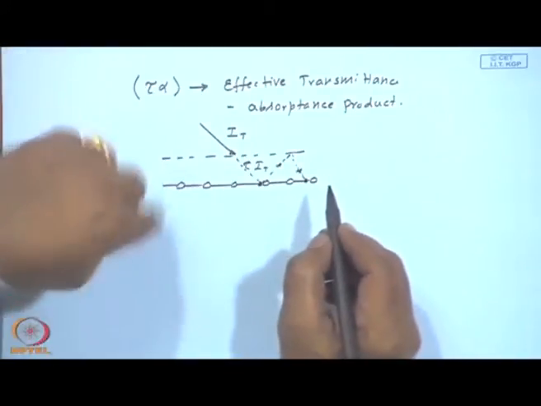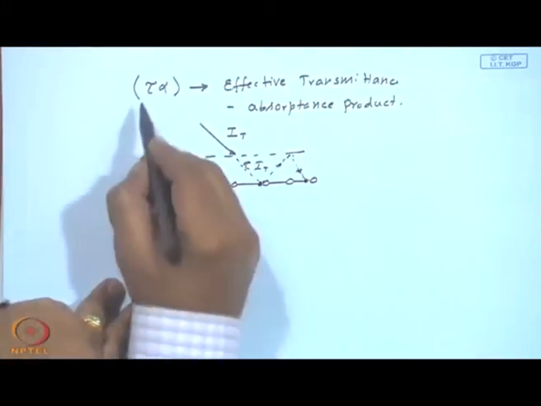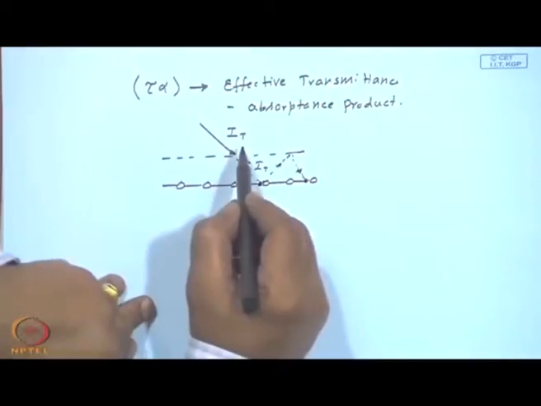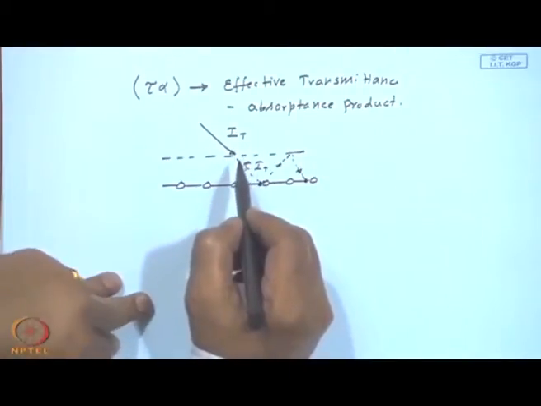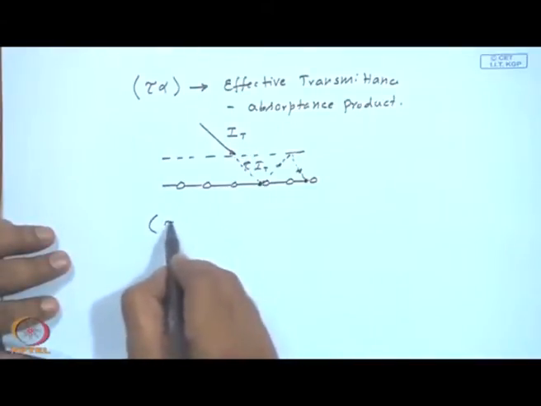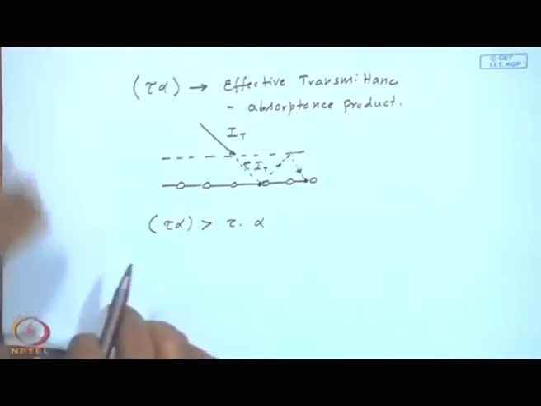So, there will be multiple absorption and reflection processes, thereby making, instead of tau into alpha, an effective tau alpha. Effective tau alpha into I t is the absorbed radiation by the surface, which will be slightly more than tau into alpha. Sufficient to know this much at this stage, though we shall later on see how to calculate this.